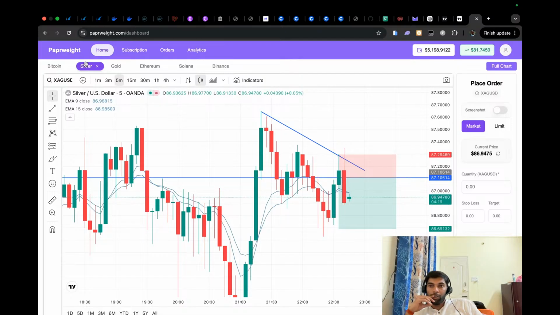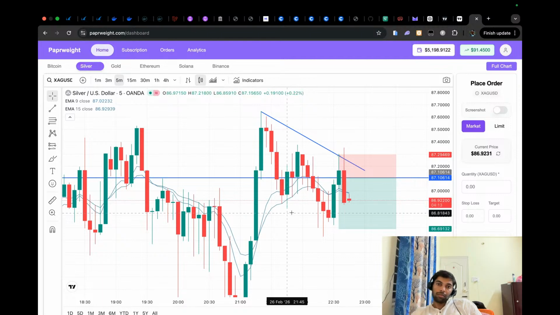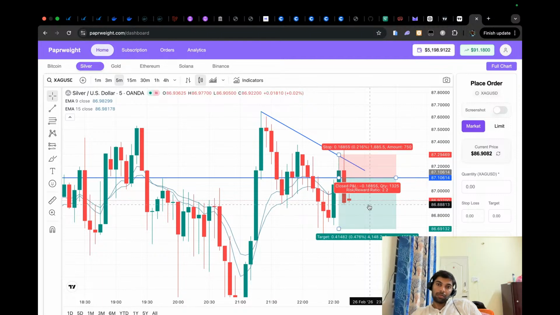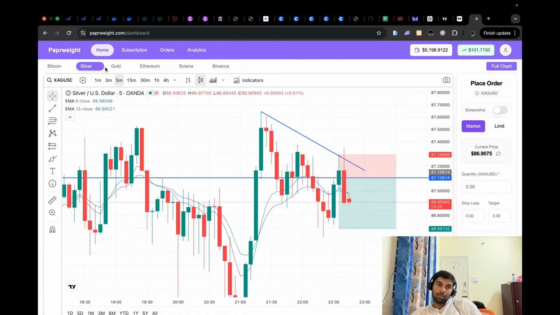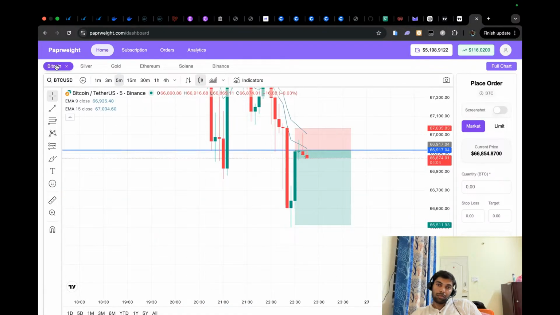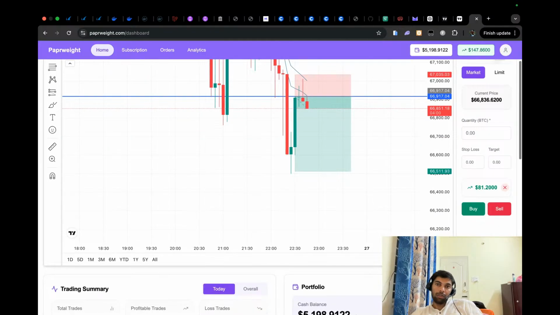Silver made a good move in the downward direction. That's crazy good. Bitcoin is also giving us a good move.